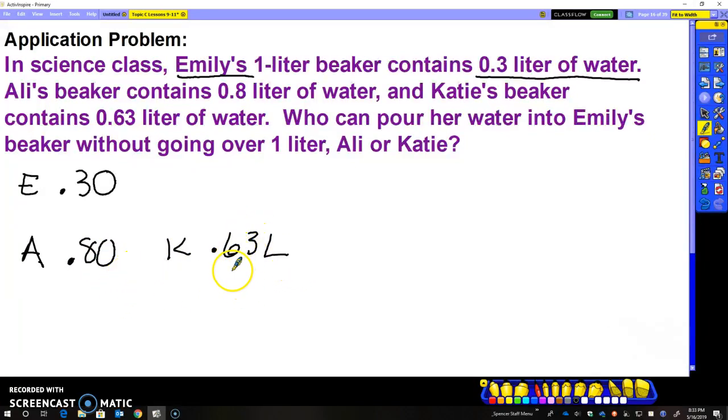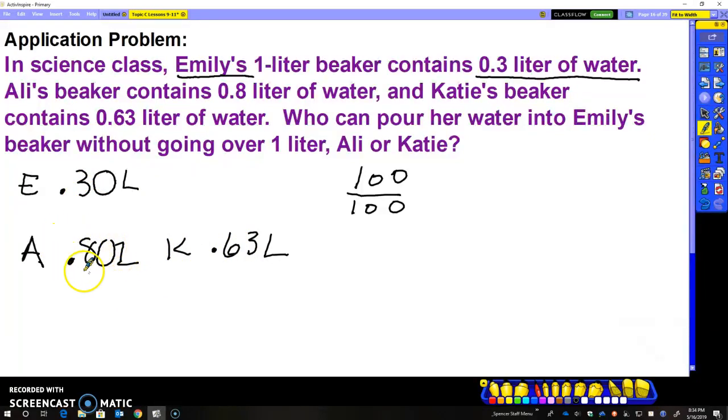All right, so if Katie's has 63/100, Allie's has 80/100, and Emily's has 30, we want something that's not going to go over a whole, which we know in this case, if we're thinking hundredths, we have 100/100. Okay, so which one will that work with?